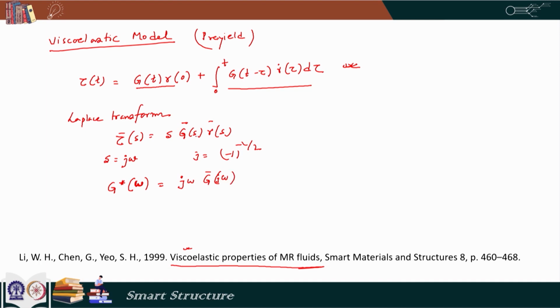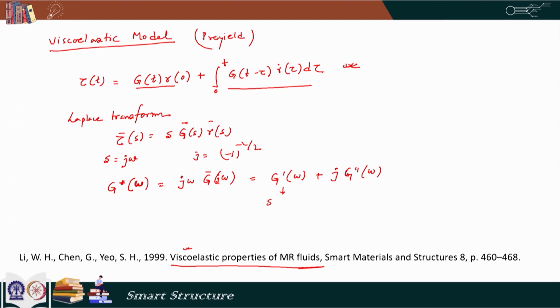So g bar of s is replaced by j omega, and the product with s, which is j omega now, is called G star. Now, this quantity is a complex quantity, which can be written as G prime of omega plus j into G double prime of omega.